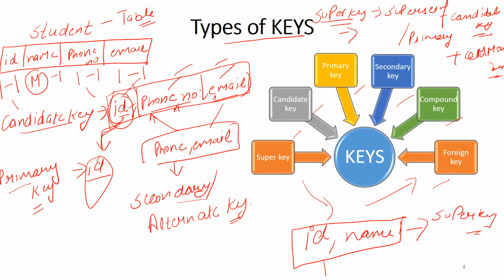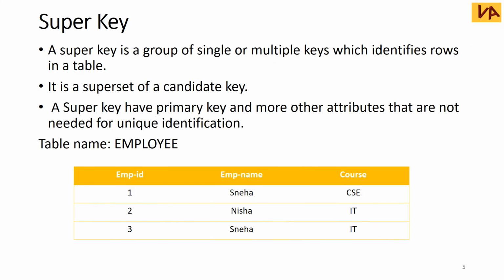But there should be one primary key also in each table if we are going to make a table unique, right? Talking about super key, now you also know what a super key is. A super key is a group of single or multiple keys which identifies rows in a table.